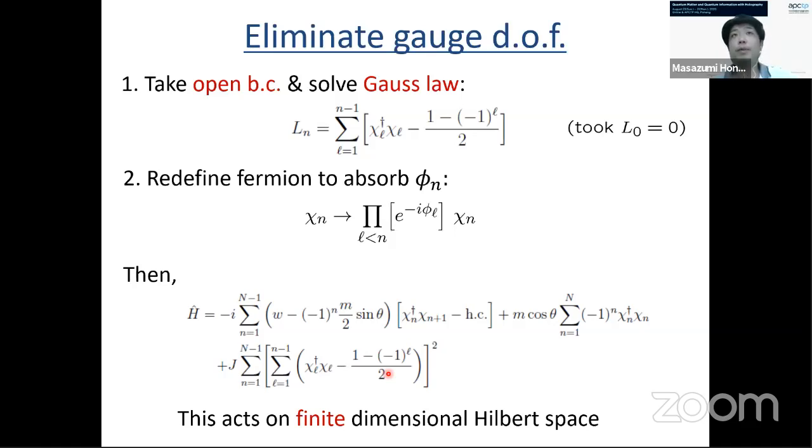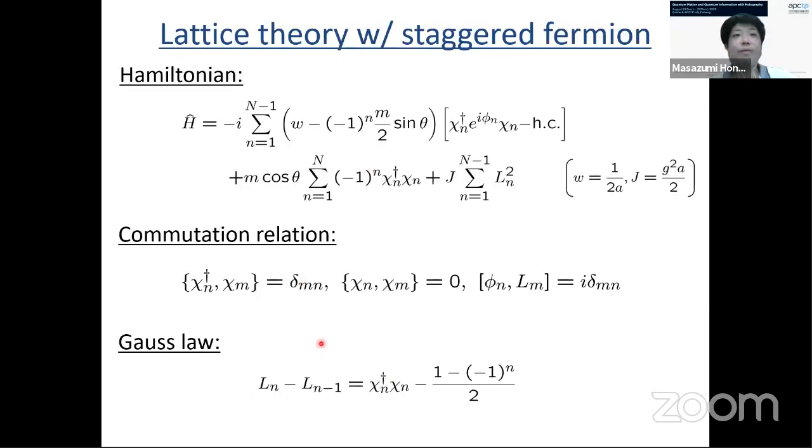Okay, it's not a problem, but we cannot completely eliminate gauge degrees of freedom for periodic boundary condition. So here we are solving this Gauss law, but the gauge degree of freedom at one point cannot be completely fixed.